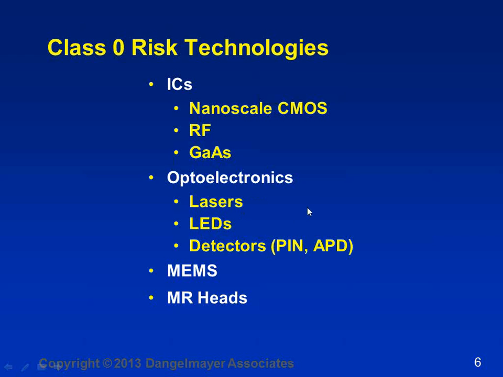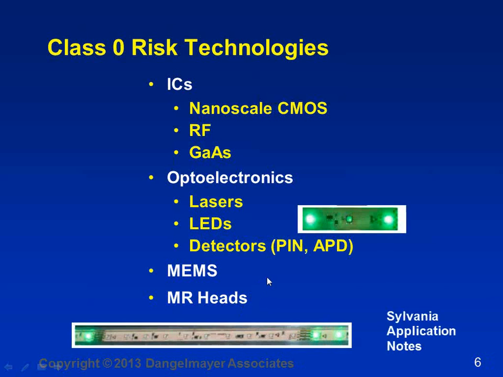So in general, if you have optoelectronic devices, we would recommend considering them as class 0, even if you don't have the data. Now, some of you may be aware that the most sensitive items in the world are TMR heads, and their withstand voltage is in the range of 1 to 3 volts.